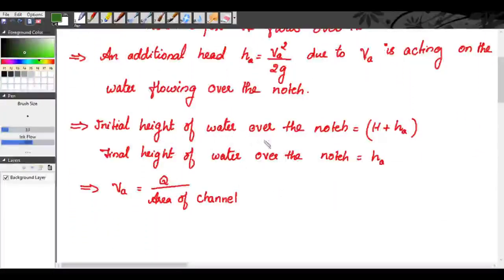The initial head of water over the notch is H plus HA, and the final height of water over the notch will be H. And velocity of approach VA will be equal to Q by area of the channel. Q is discharge; discharge by area of the channel is the velocity of approach VA.